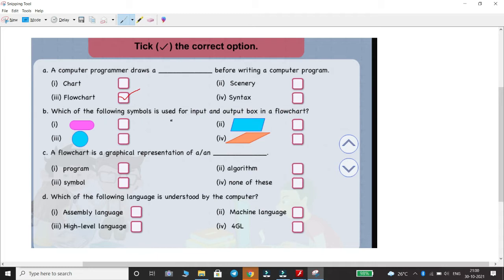Answer is the second option. Third question. A flowchart is a graphical representation of a dash. The options are program, algorithm, symbol, none of these. Answer is algorithm.